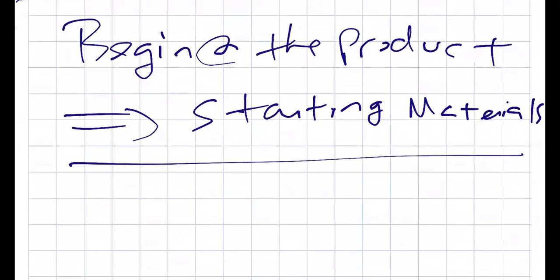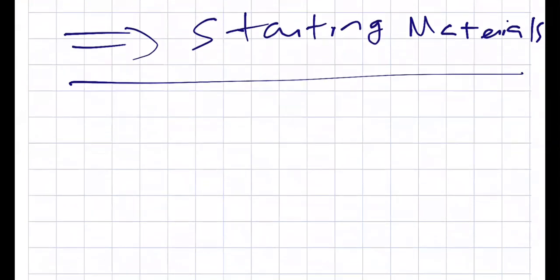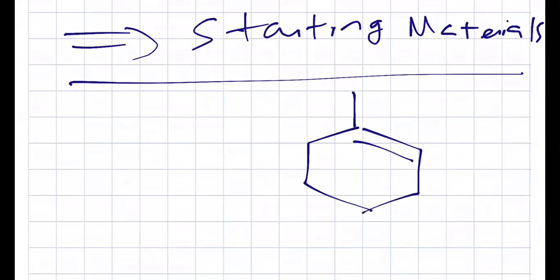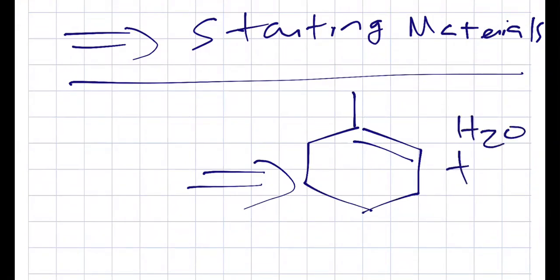All right, let me give you an example. Let's say I started with a double bond. This is my product, and I want to know how I got there. There's a bunch of ways to make double bonds, but I'm going to say that it's H2O, right?